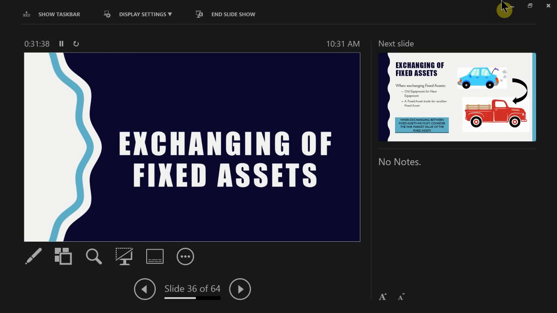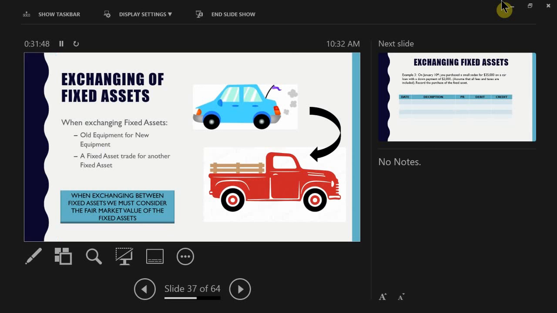All right. Now the second part here is going to talk about what if I want to exchange my asset for another asset. Okay? This happens all the time, whether it's trading in an old asset for a newer asset, or if you want to exchange a fixed asset for even another fixed asset.